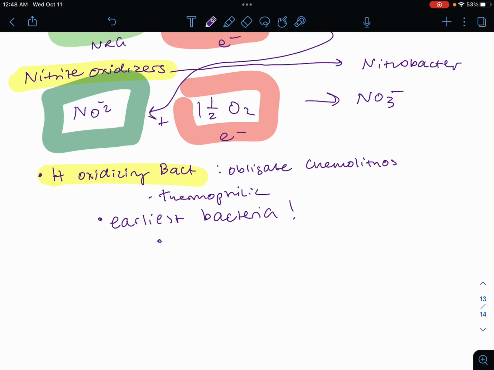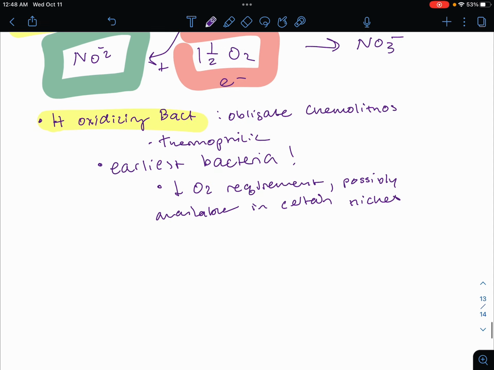This is believed since they have low O2 requirements, and they're possibly available in certain niches due to the photochemical processes that split water.